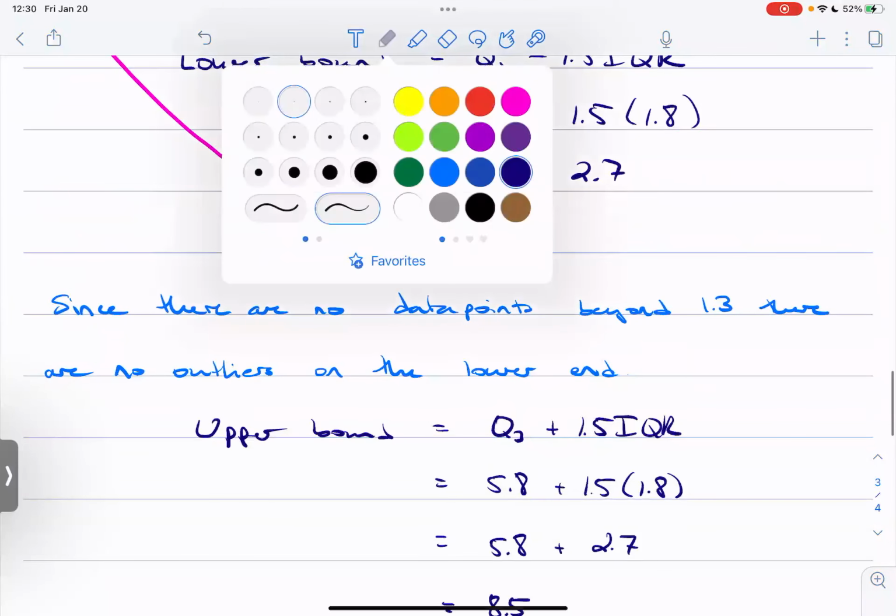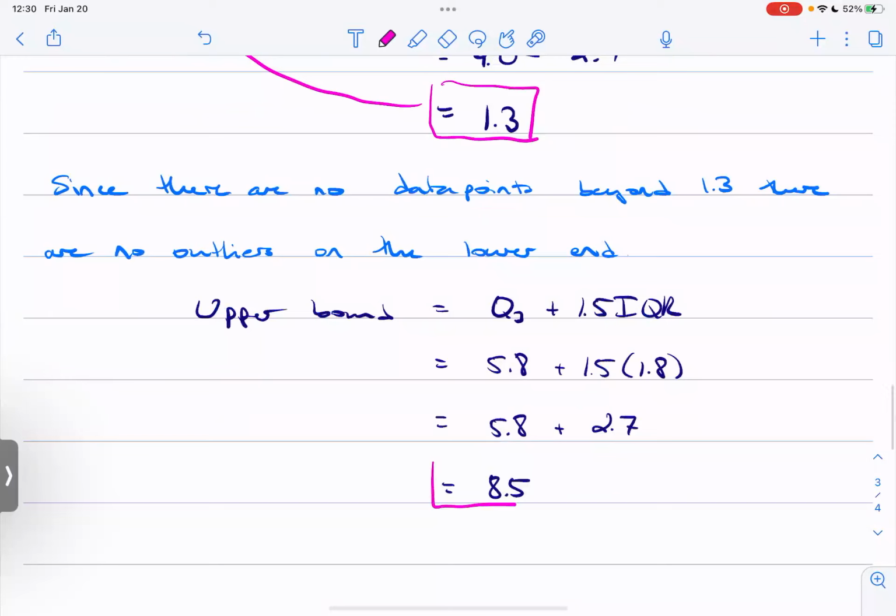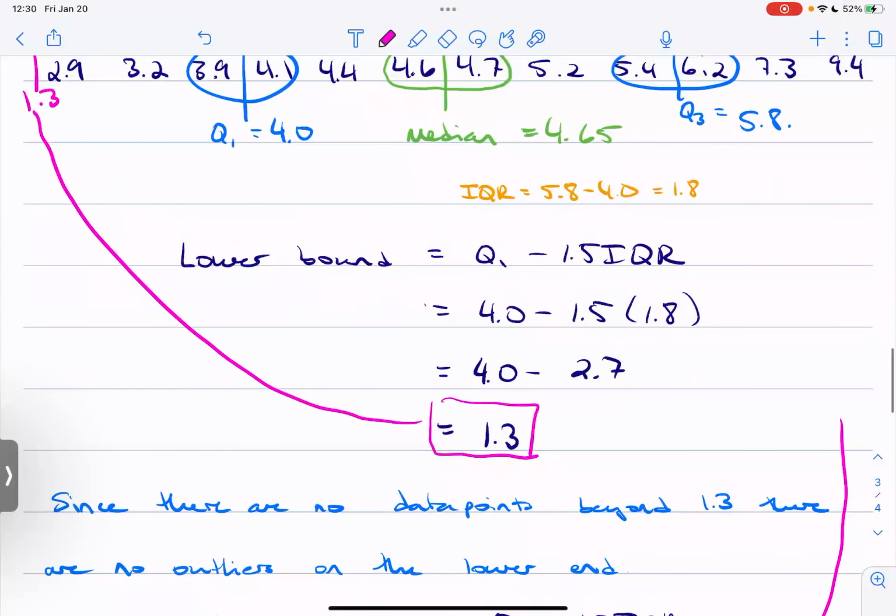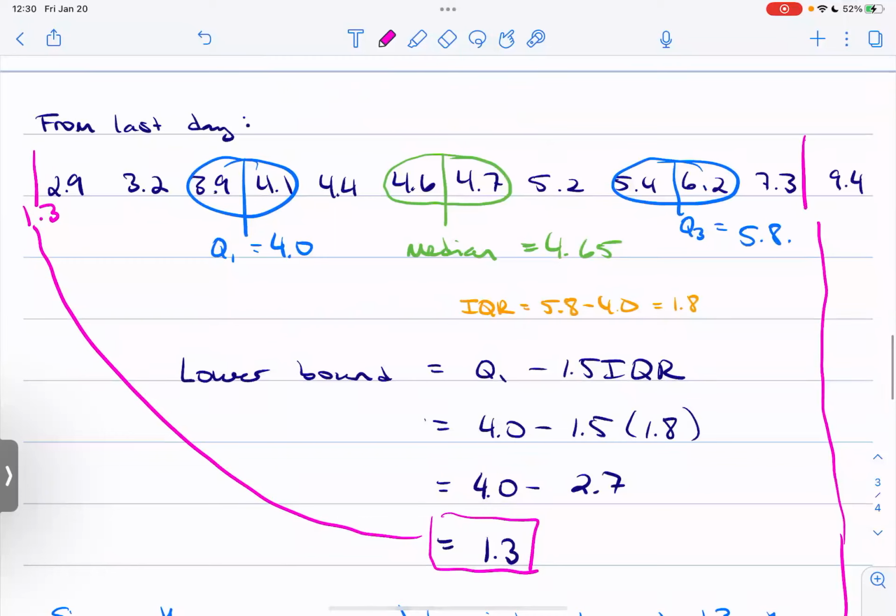So now I take this 8.5 and I draw a very long line up here. 8.5 on my number line, right, would separate the 7.3 and the 9.4, right?